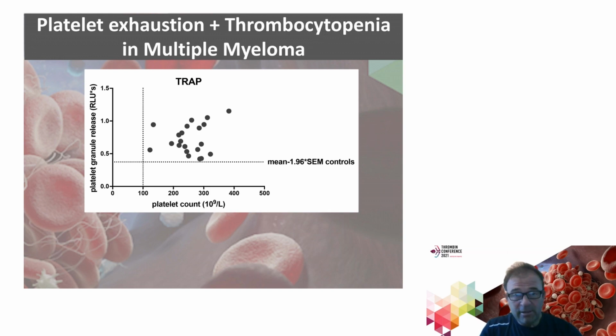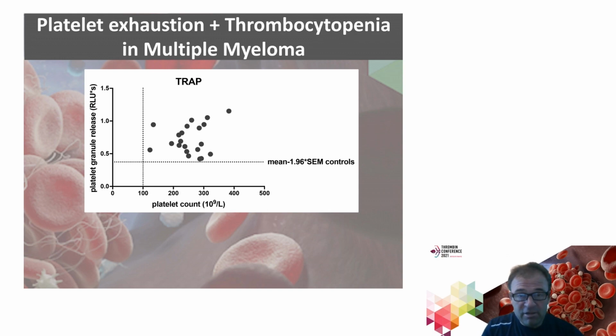Well, first of all, we compared the platelet count and platelet granule release in the controls. And what you can clearly see here is that the controls are quite closely distributed. We defined the cutoff point for platelet exhaustion such that if you are above the mean minus 1.96 times the standard error of the mean, then you have normal platelet vitality, so no platelet exhaustion.